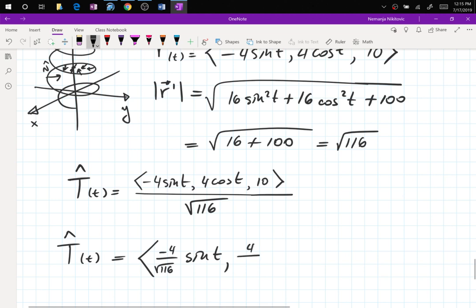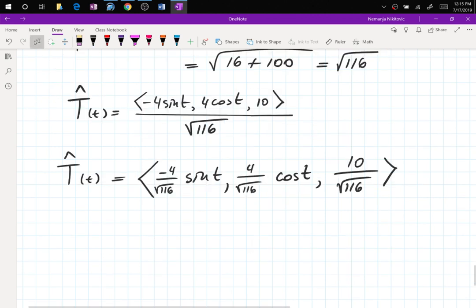We'll see some of the calculations later. Then 4 over root 116 cosine t, and finally 10 divided by square root of 116. Now, some of you will say, do we have to rationalize? Just do as you must. So we calculated t hat.